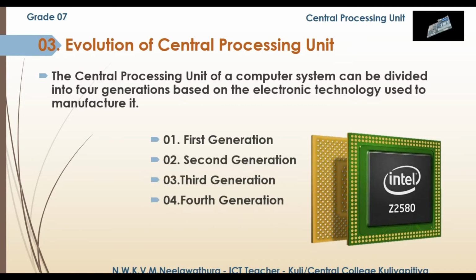First generation, second generation, third generation and fourth generation. While the above classification of the CPU is a simple classification only for your understanding in grade 7, in many cases, the evolution of the CPU has been shown in different generations in diverse ways too.